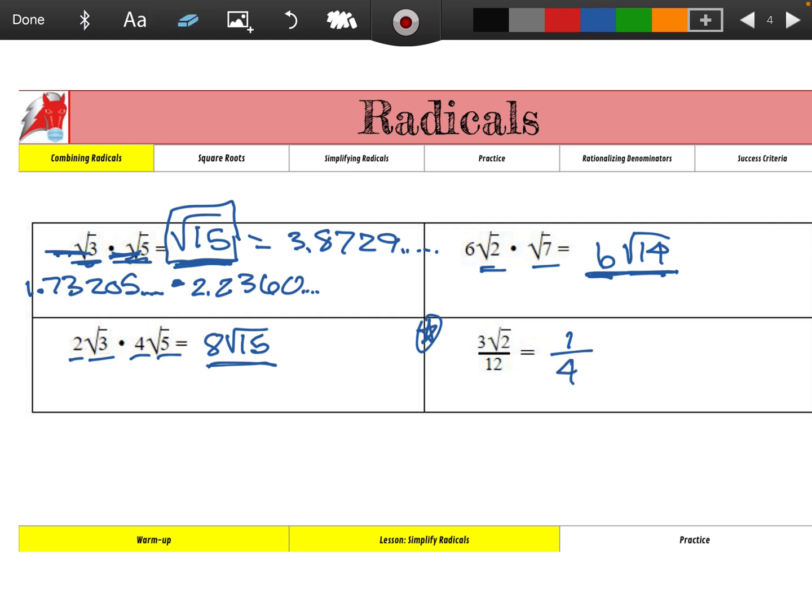Perfect. I don't just have that, I also have the root, which means that stays there. Root 2 over 4. So just like when I'm multiplying, I divide those like terms, those coefficients, those number values. Okay?